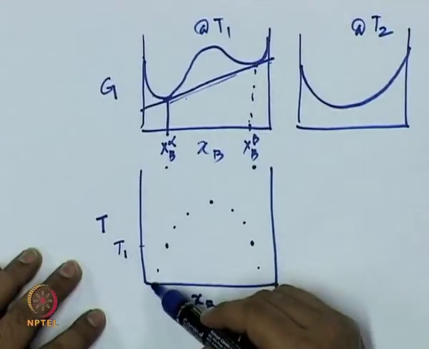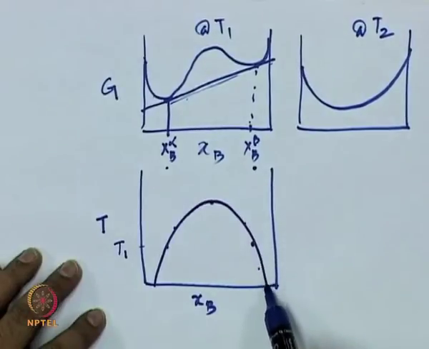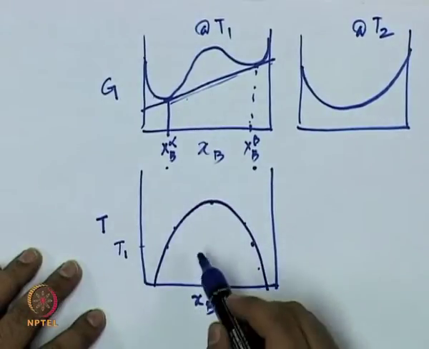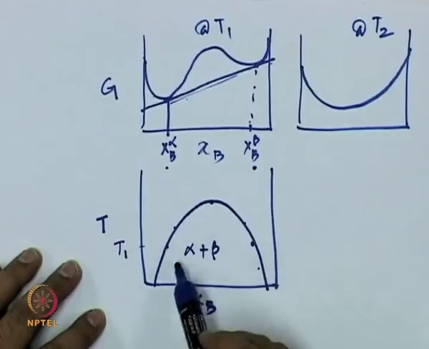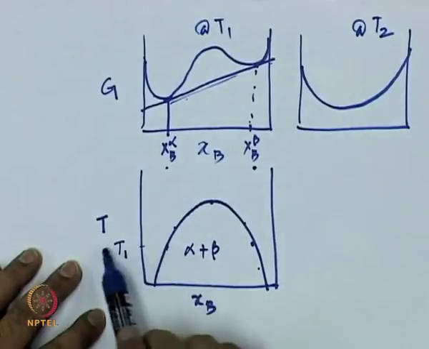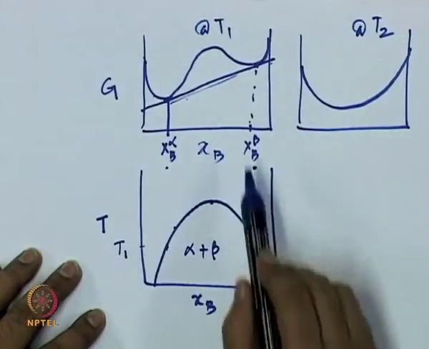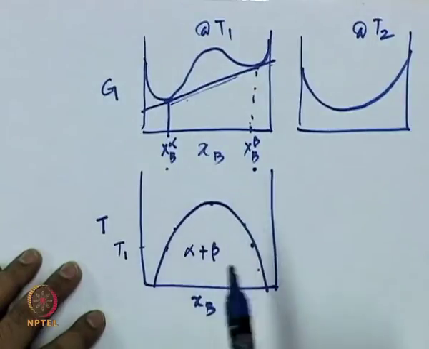So, if I connect all these points, it will have these 2 phases alpha plus beta, and alpha composition is given by the free energy versus composition diagram at that temperature, and beta composition is given by the free energy versus composition diagram at that temperature.